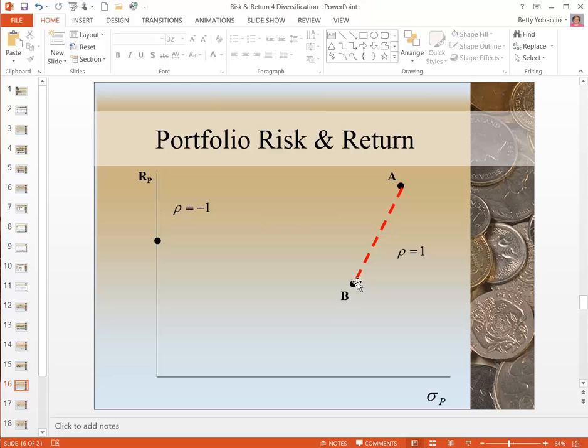And so by deviating from our 100% in B, we can be anywhere along this red dotted line, as far as portfolio return and standard deviation. And only under perfect positive correlation are we unable to get rid of any risk through the process of diversification.